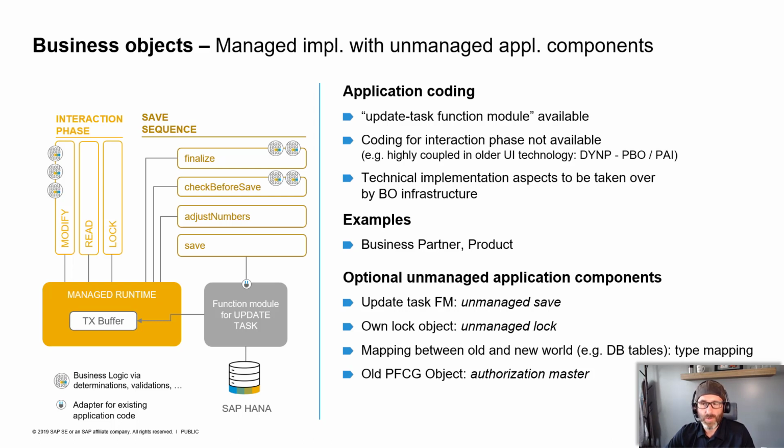So the developer has access to the save task where he can sort of hijack the save sequence and write his additional logic during the save sequence. So basically having the create, update, and delete handled in the interaction phase, but being able to override the save sequence and do some additional processing that's necessary.